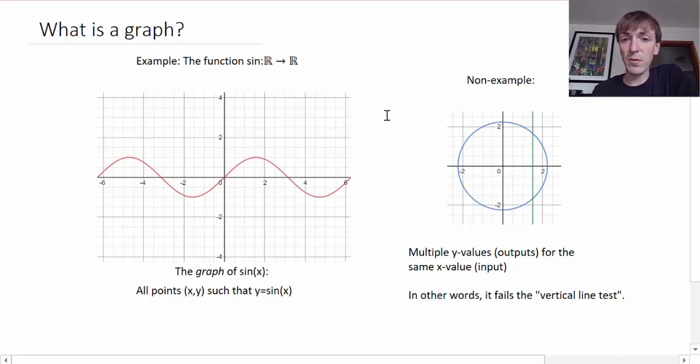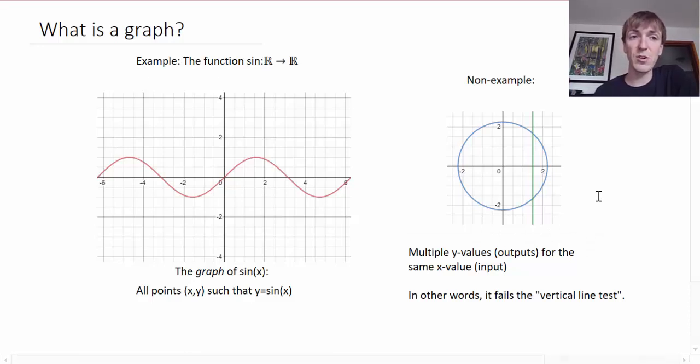Okay, so that's what a graph is, but there are plenty of things I could draw on the plane that are not graphs. For example, this circle here on the right, this blue circle, is not a graph. Why is it not a graph of a function? Well, because multiple y values or outputs correspond to points with the same x value or input.